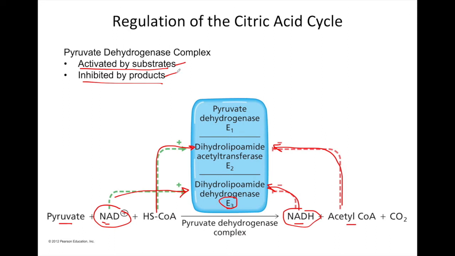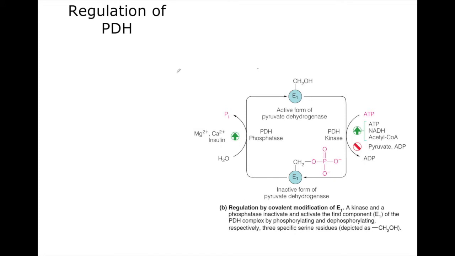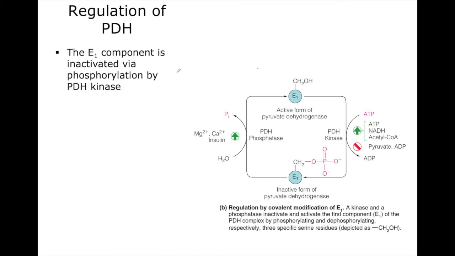Now there's one other form of regulation of our pyruvate dehydrogenase complex, and that involves phosphorylation. Phosphorylation is a very common means of activating and inactivating enzymes in different metabolic or signal transduction pathways. And that's true of our pyruvate dehydrogenase complex.